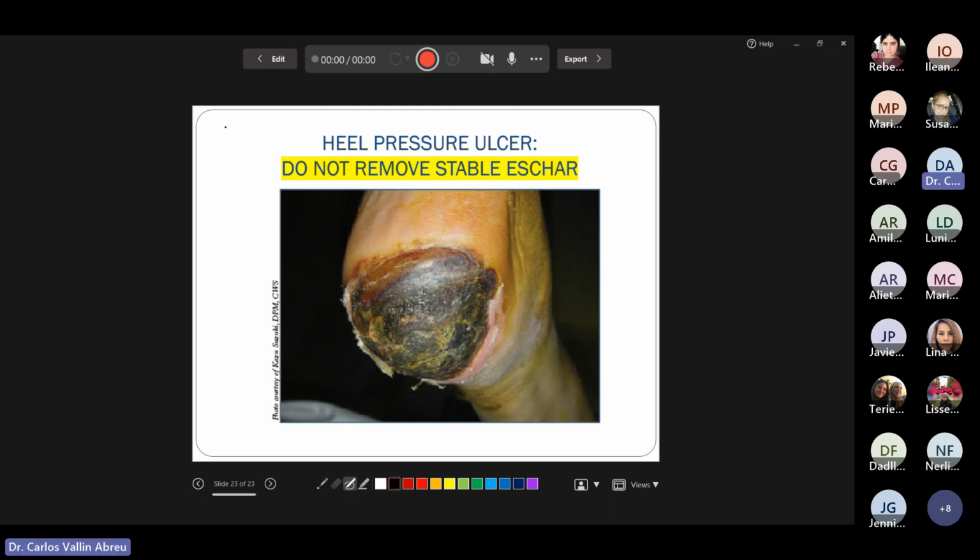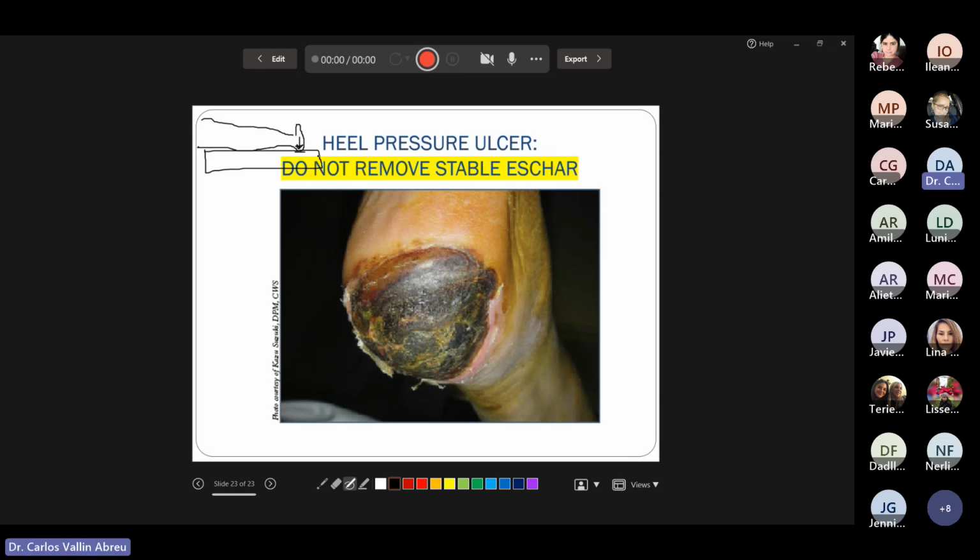People that are very sick and are bedbound, or are in bed for a long period of time, have their lower extremity resting more or less with this shape, and then most of the pressure is exerted on the heel against the mattress.